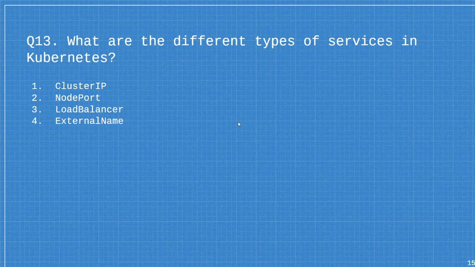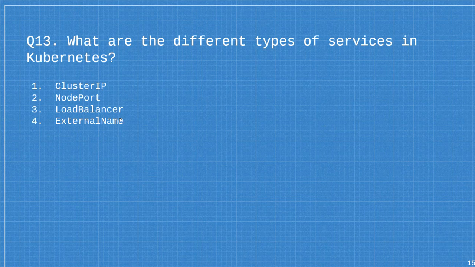If we hit that IP, we get a response from that particular node. I am hitting the load balancer IP, and this load balancer IP redirects the traffic to that particular port.